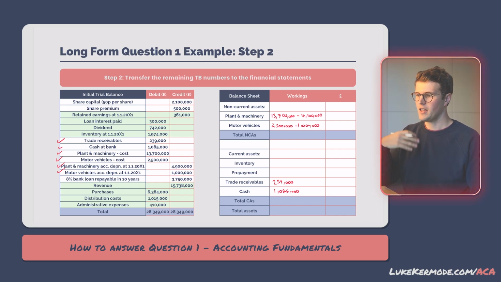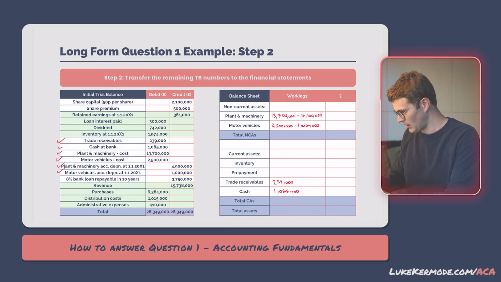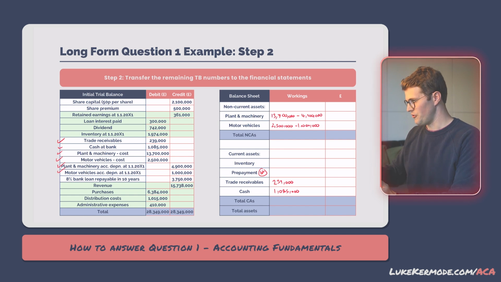And again, just like the income statement, we tick off these 6 items in the balance sheet as we go through. And it's really important to do this in the software because the visual cue keeps you from missing or duplicating any entries in your answer. You'll also notice in our current assets section, we have a prepayment line. It's blank for now, and we'll fill it in a little bit later when we address the insurance adjustment in step 4.